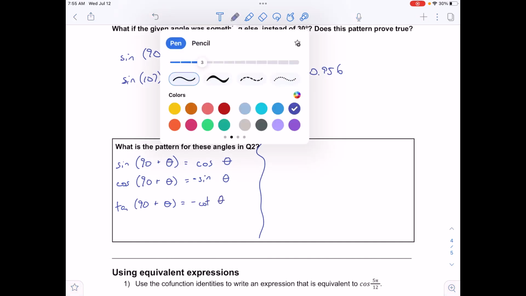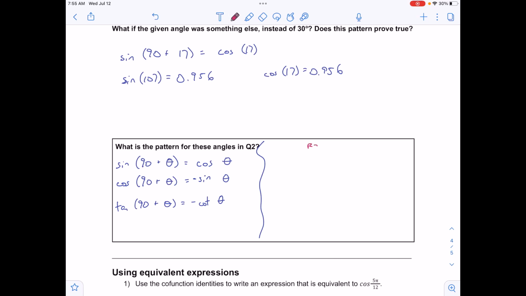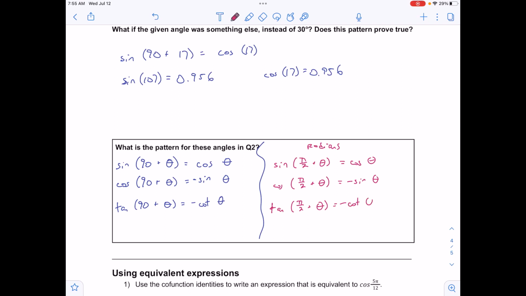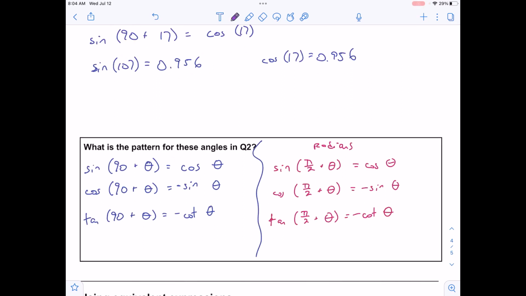And how does this look in radians? We just write pi over 2 instead. Amazing.